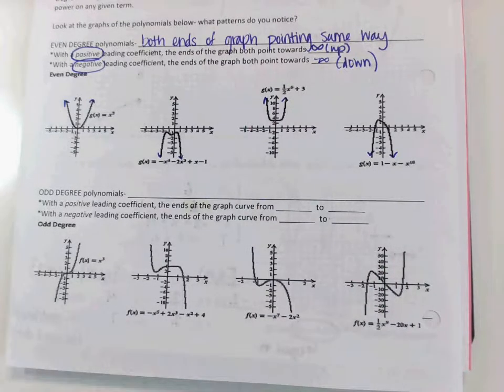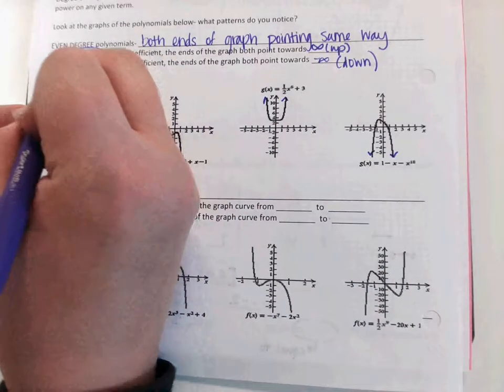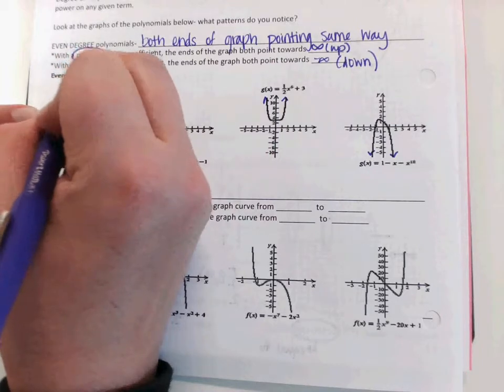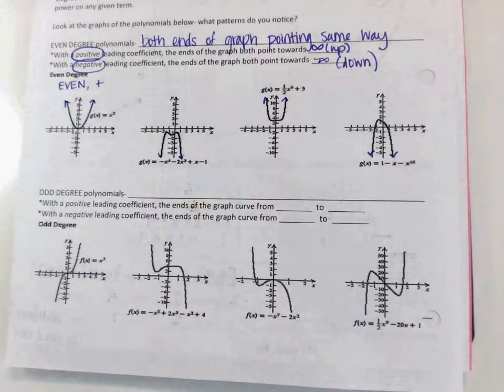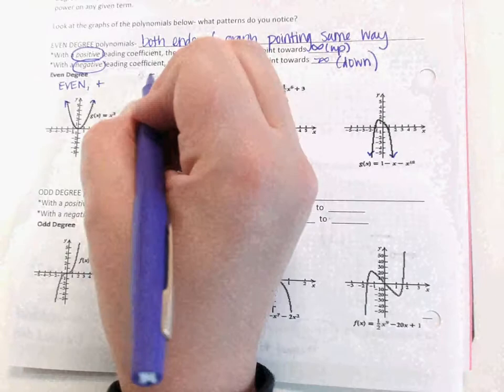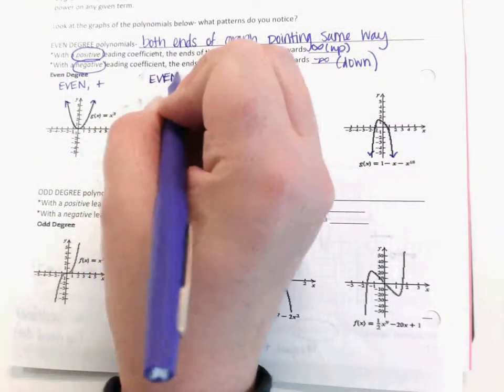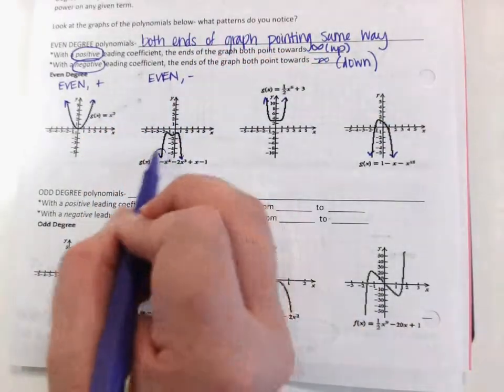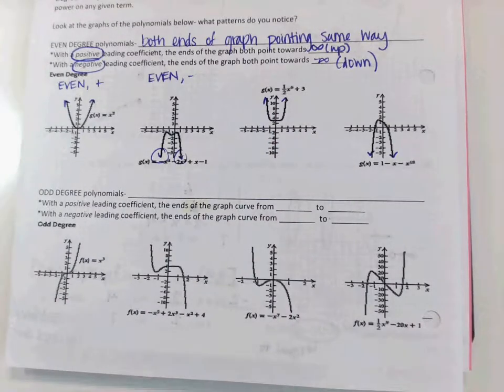So for the first one, this is even, and it has a positive coefficient because they're going the same direction and the ends are up. For the second one, it's still even, but it has a negative leading coefficient because my ends are both pointed down. Make sense? So up is even, down is odd, just like you would probably kind of guess.